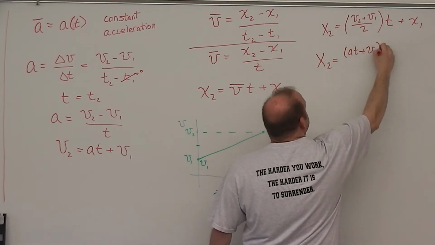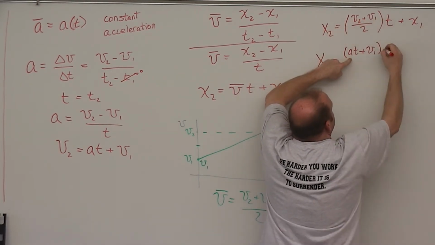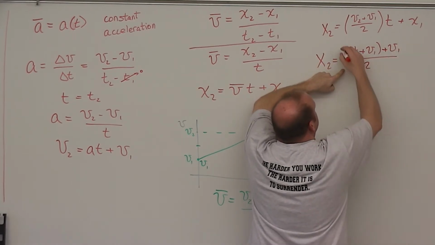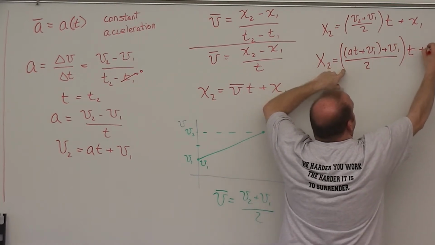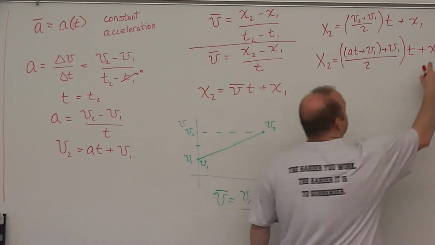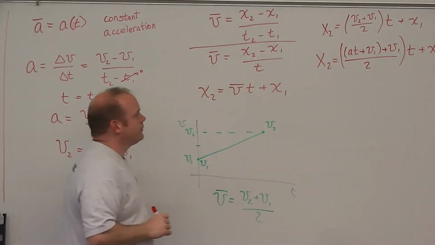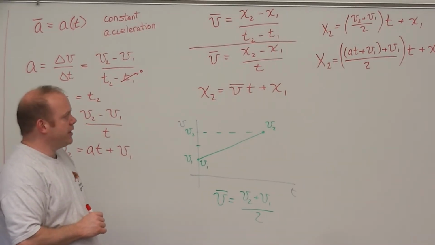That's what V2 is. So V2, it says, plus V1 divided by 2. All of this times t plus x1. I'm getting close to the edge there, so I'm going to smooth that over. So now I'm just going to rearrange.